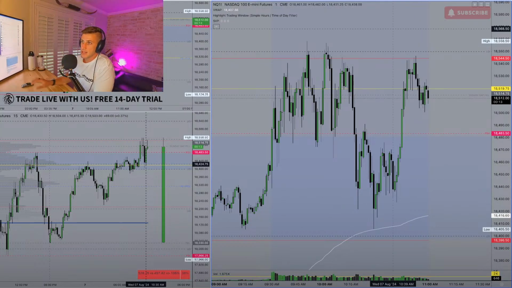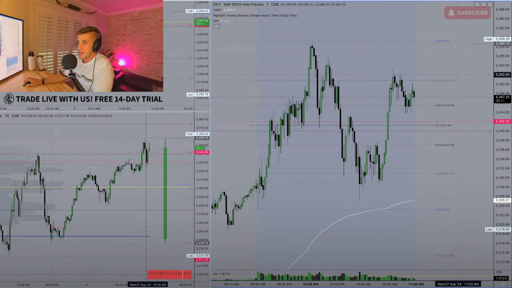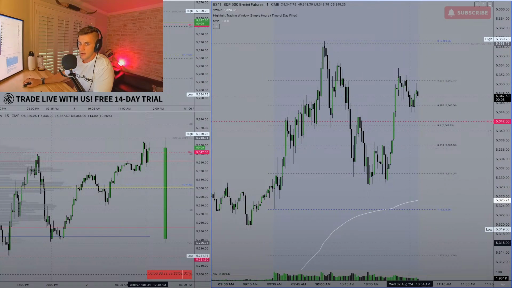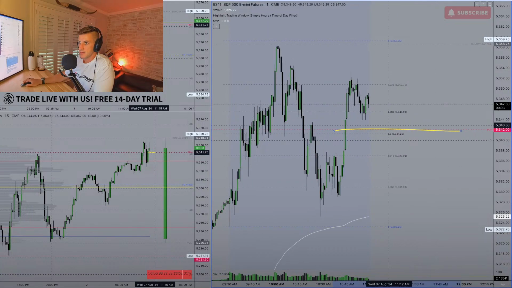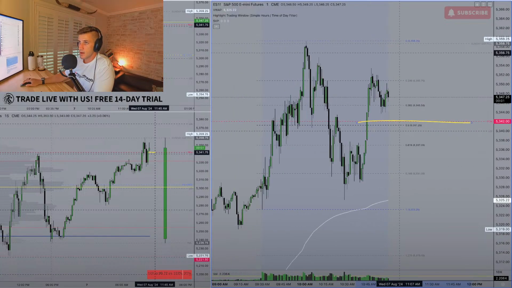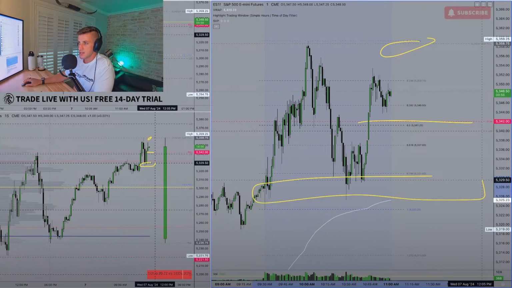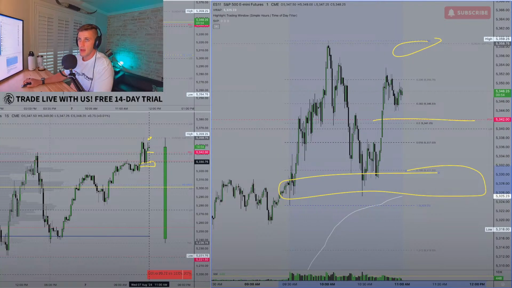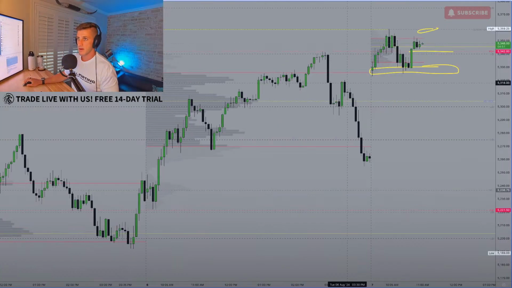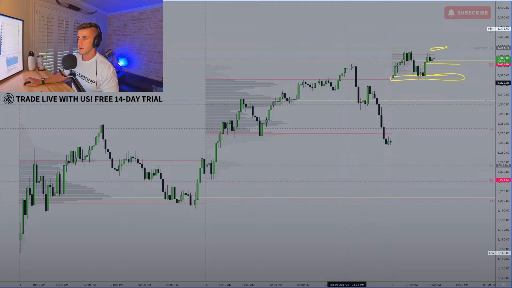And on ES similarly, you want either prior day high retested, or retest the session highs or these lows down through here, which aligns with that prior day structure point and prior day value area high. The 53.25, 53.26 area remains significant in the near term on ES.